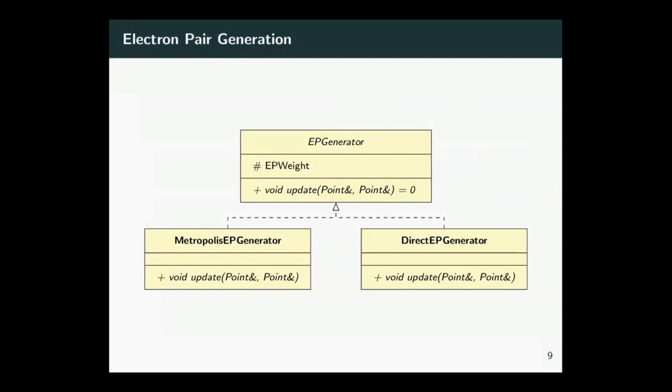Very recently, we published an algorithm to sample the S-type Gaussian-based weight function directly, and this leads to a factor of 2 to 3 increase in efficiency over the metropolis generator by eliminating some autocorrelations.